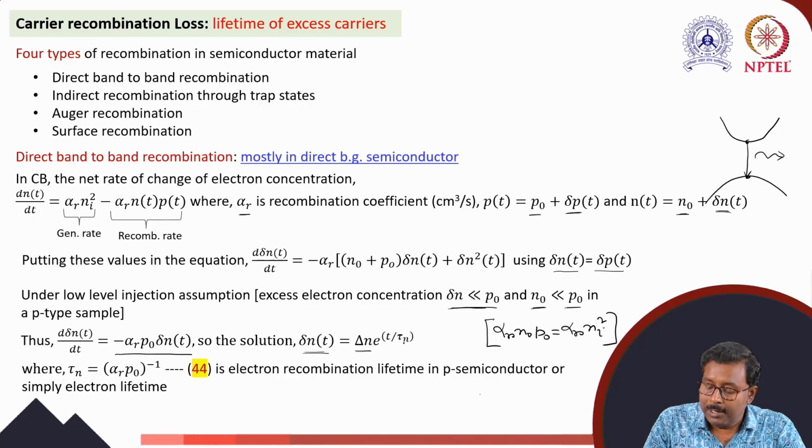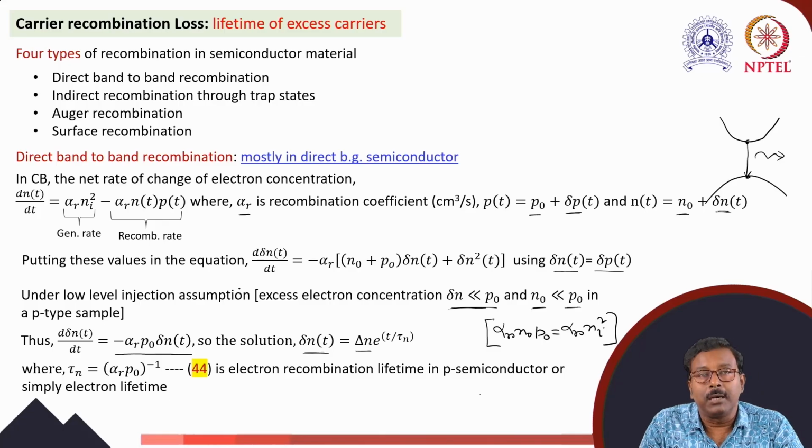Which carrier lifetime? This is the electron lifetime, that is the minority carrier lifetime, which is defined as 1 by alpha_r p0 in this expression. So this is the electron recombination lifetime in a p-type semiconductor, or simply it is called electron lifetime.